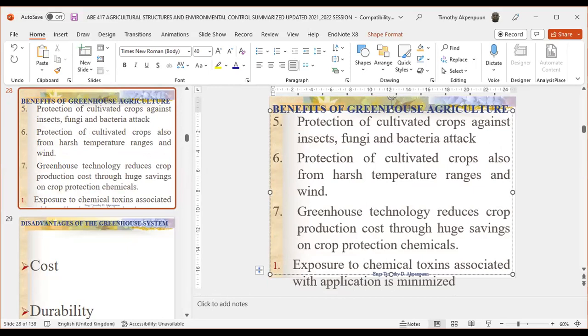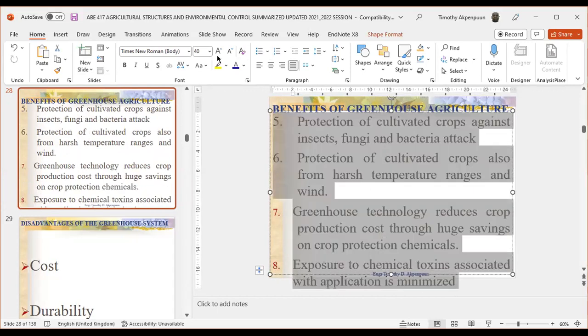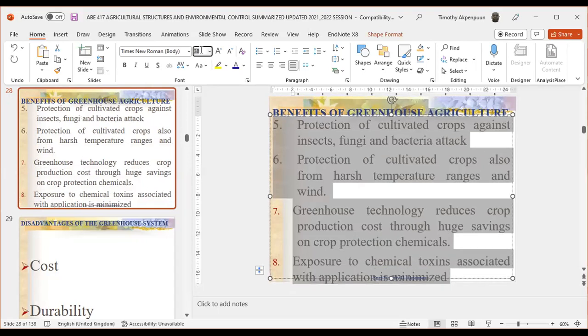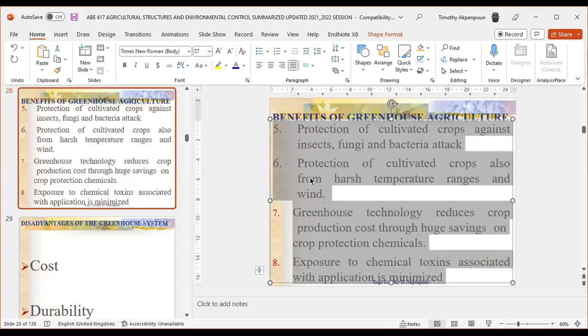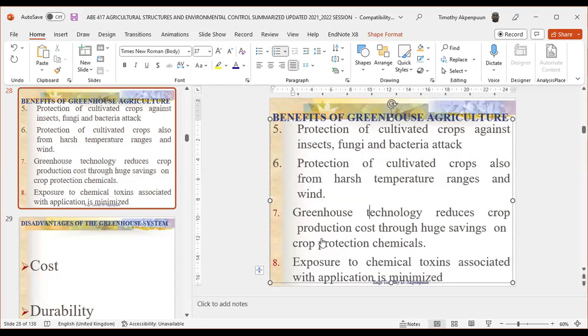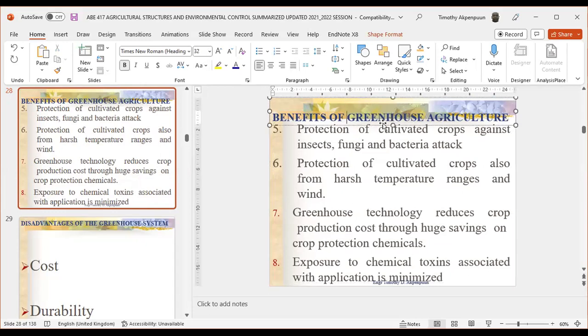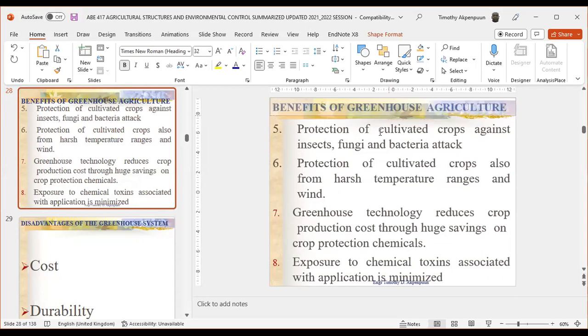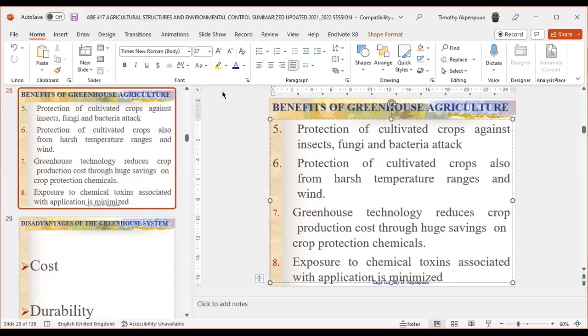Point number 7. Someone should explain that to us. Point number 7. Yes, sir. Good afternoon. Point number 7.